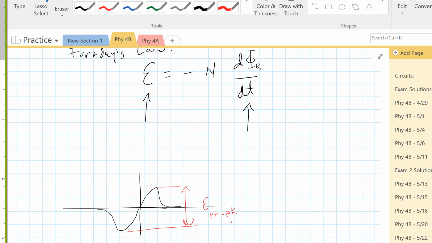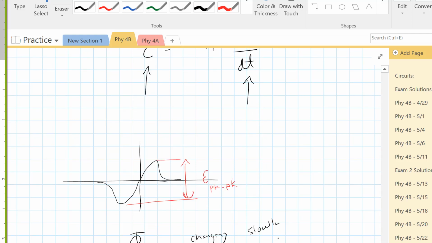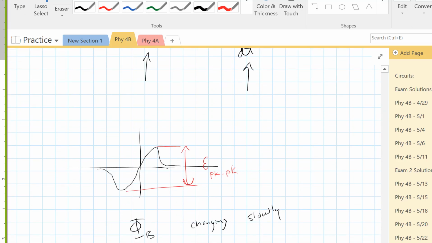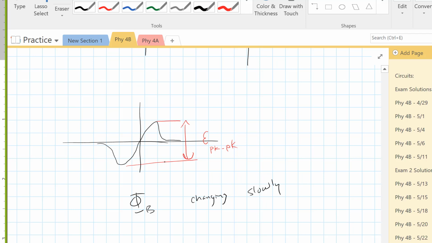Now, if I could get the flux to change at a faster rate, if the flux is changing slowly, if d flux dt is a small amount, you get this.